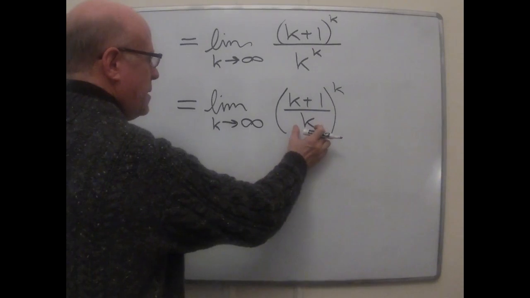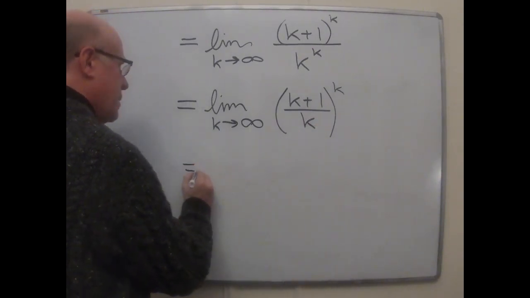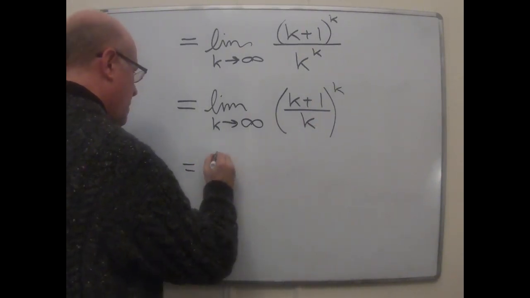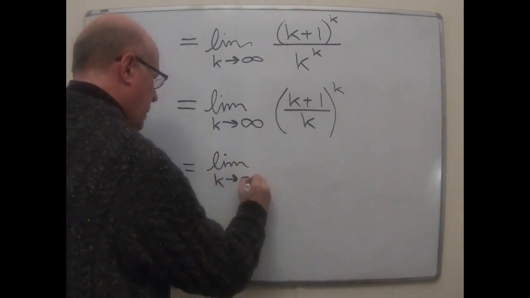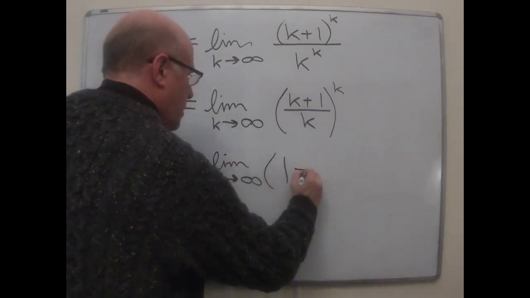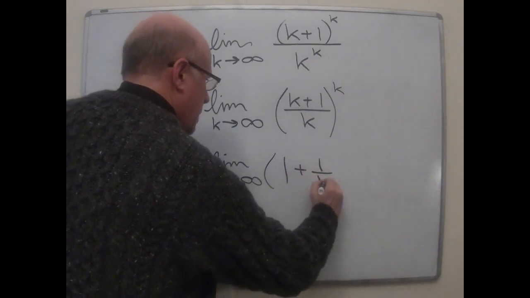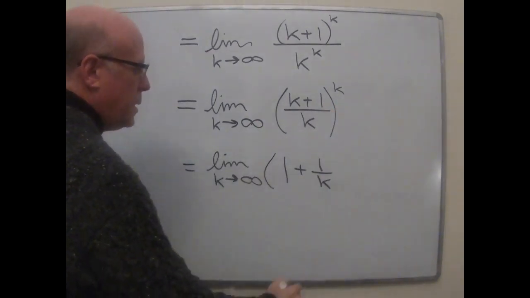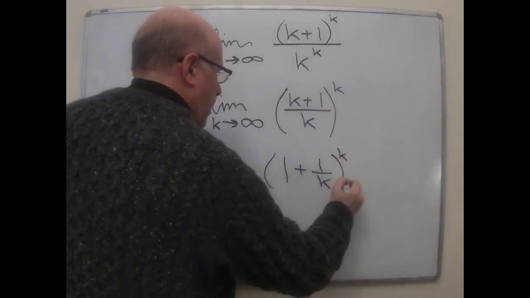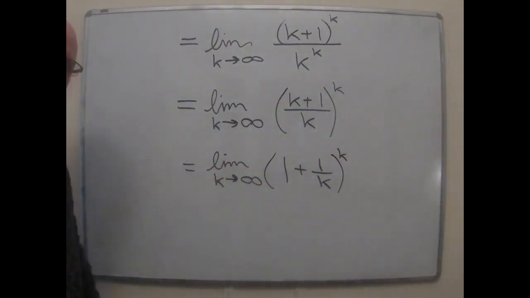This fraction inside the kth power there can be written as 1 plus 1 over k. Yeah, (1 plus 1 over k) to the k power. And you might recognize that.